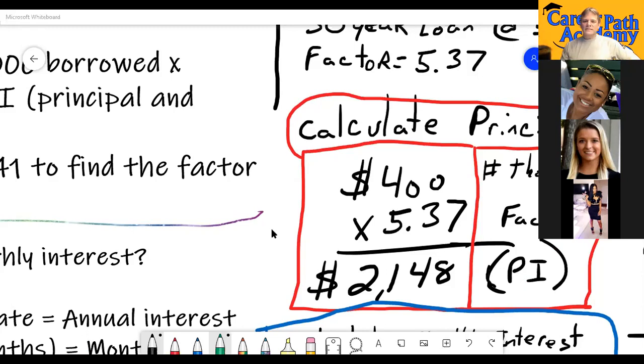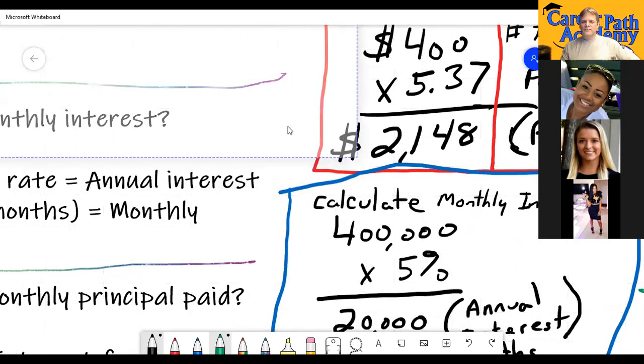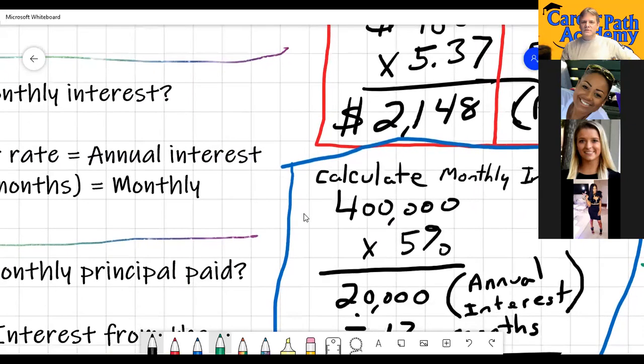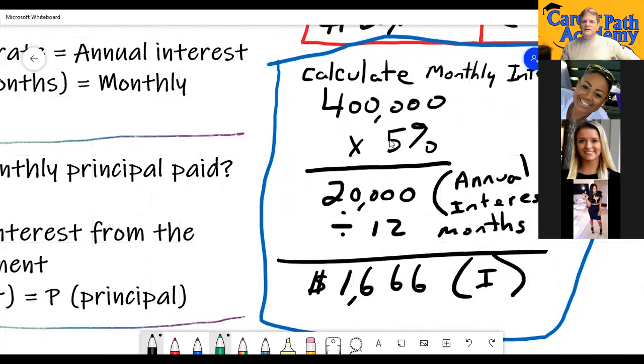So next step is calculating interest. In order to calculate the interest, we take the total loan amount, 400,000, times the 5%, which gives you the annual interest. You see how I'm writing this next to it, so I don't get lost in what these numbers are. Then I divide it by 12 months to get the monthly interest.